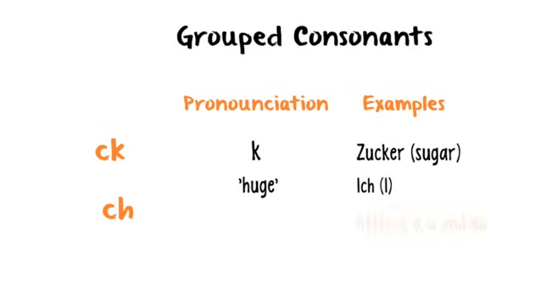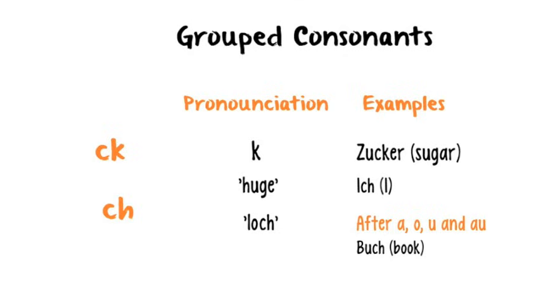After the letters A, O, U, and AU, it's pronounced like the guttural CH in the Scottish loch. Here we have the example of the word Buch, which means book.